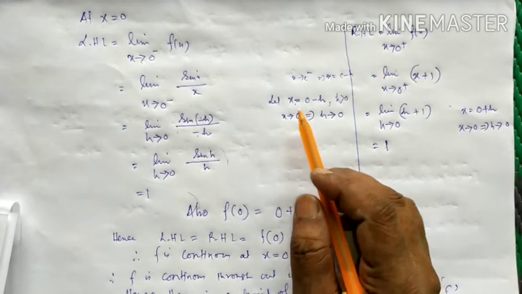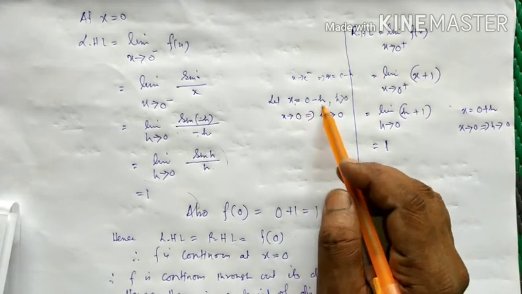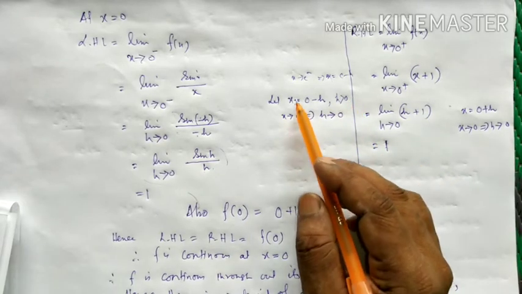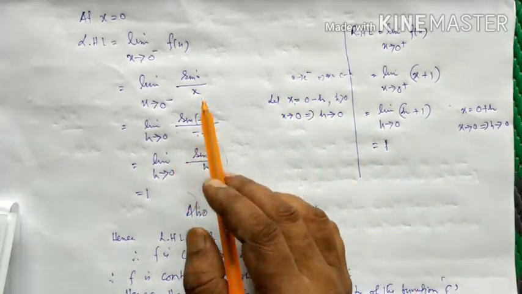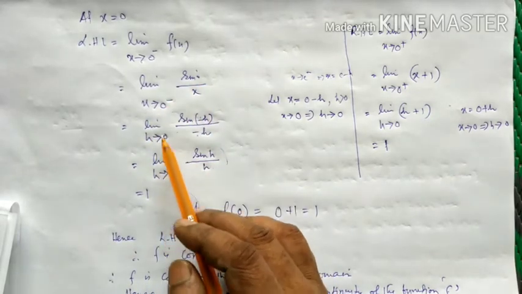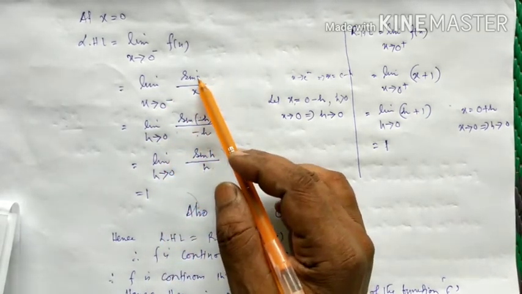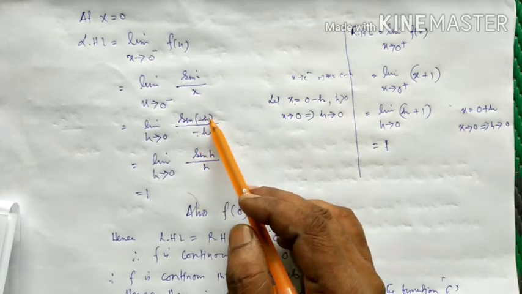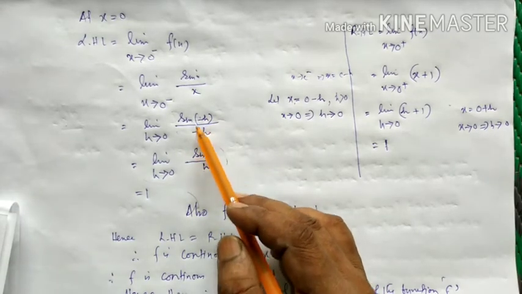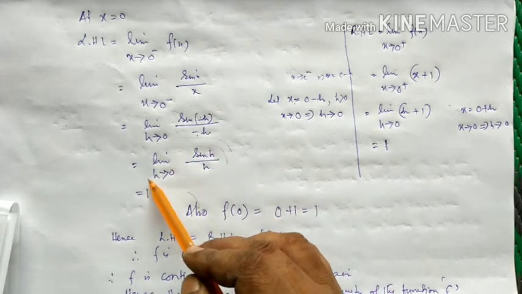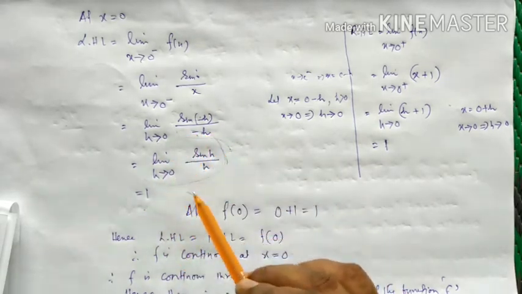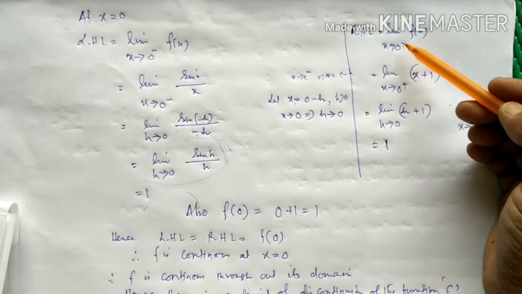Here c means 0, so x is equal to 0 minus h, and as x tends to 0, h tends to 0. So x tends to 0 minus means h tends to 0, and x is replaced by minus h. Sin of minus h is equal to minus sin h, and the minus signs cancel. And we know that the limiting value of this is 1. Now comes the right hand limit.